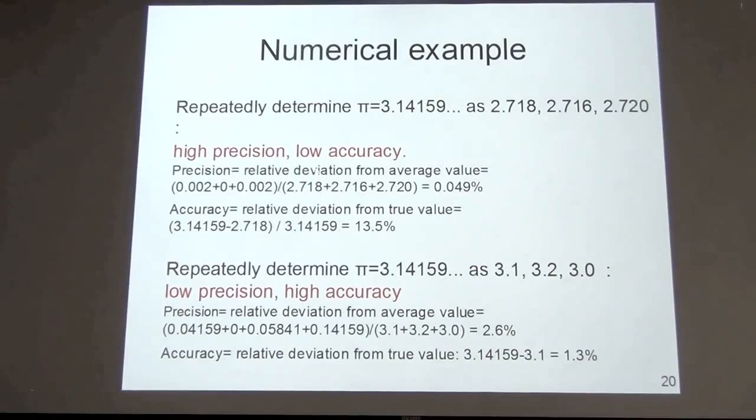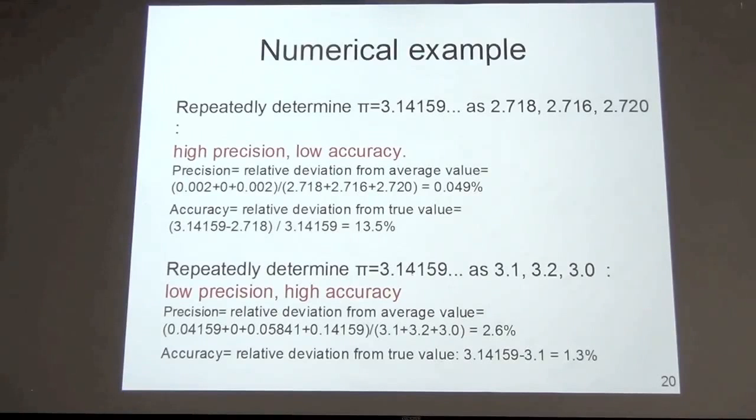It's just a relative deviation from the average value. And I did this here, and it's only 0.05%. This is the precision of these data. But the accuracy of these data, calculated as a relative deviation from the true value, is 13%. Okay, this shows you an example of high precision and low accuracy.